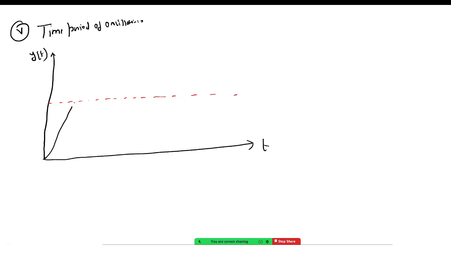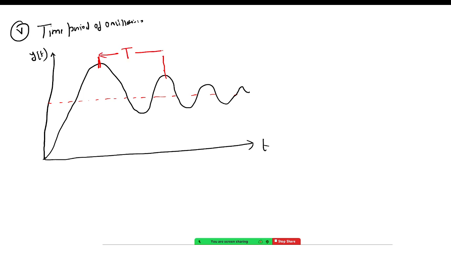It looks like this, right? So what is the time period of oscillation? Here and here, you see this oscillation is getting repeated. That's why this is called the time period of oscillation, and it is denoted by T. So this repetition is called the time period of oscillation. Meaning, the time required to repeat the same kind of oscillation, right? That is called the time period of oscillation.